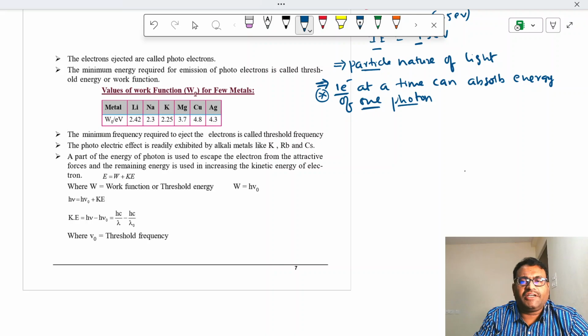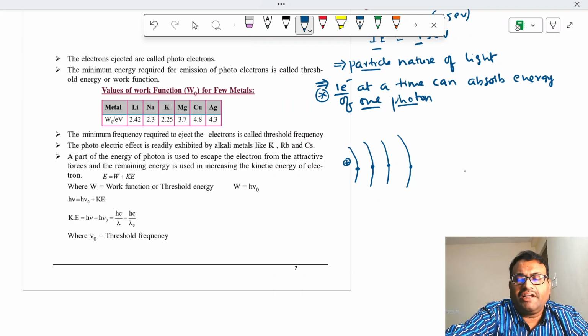Okay, for example, let us take here this is the atom of the metal which is connected to the cathode. So, an alkali metal. In this alkali metal we have electrons in different energy levels.